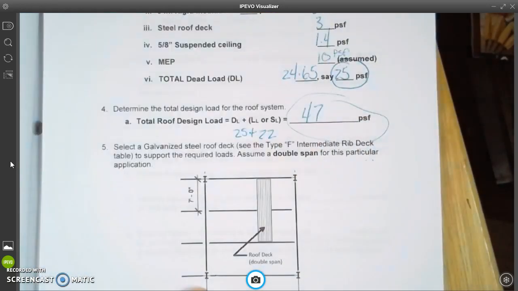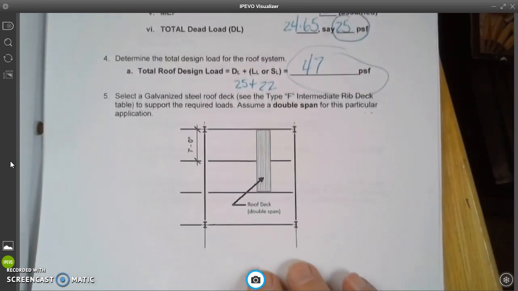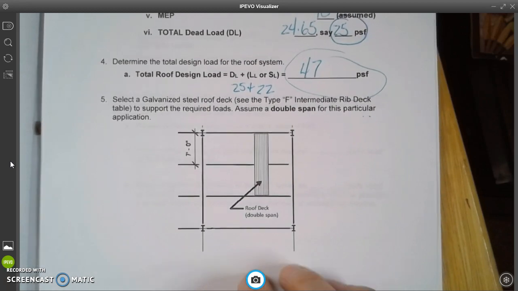Okay, so 47 PSF. Now, problem number 5 right here tells us that we are going to select a galvanized steel roof deck, which is a type F intermediate ribbed deck, and we have a table for that to support the required loads.